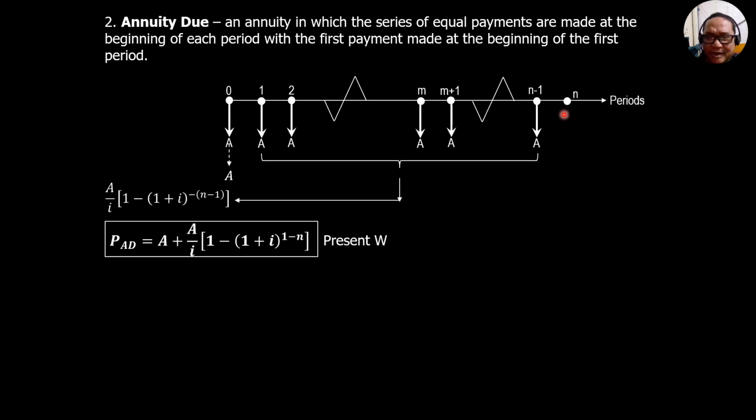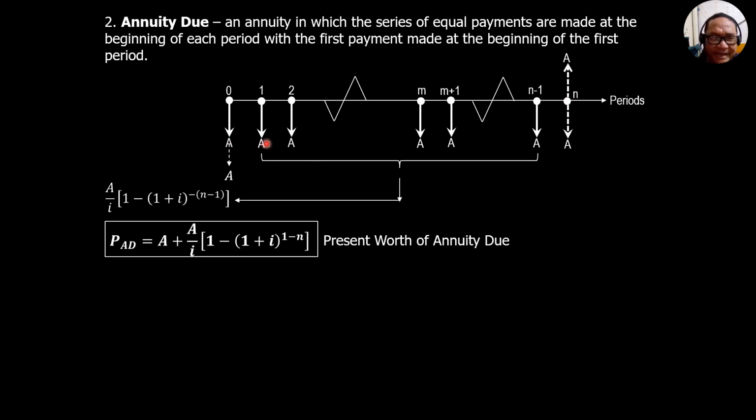We also have A here at the nth period. We put A there, imaginary. So there will be n plus 1 payments already, which occurs at the nth period, exactly at the nth period. So we should neutralize this by putting A above.